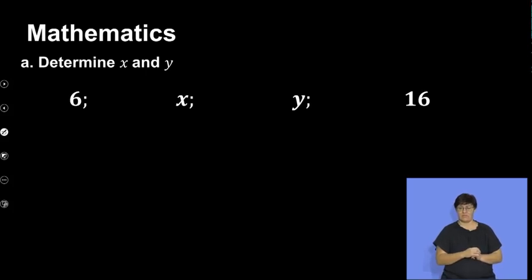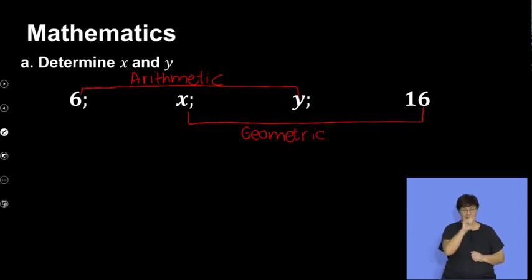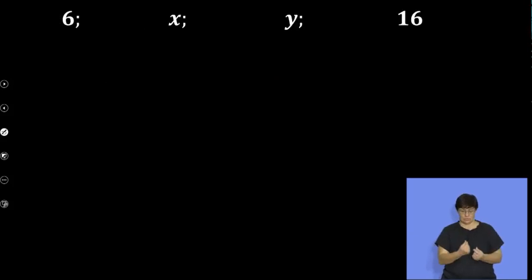So we need to determine x and y. These 3 are arithmetic and the last 3 are geometric. The fact that I have an x and a y means that I'm going to be doing some simultaneous solving.